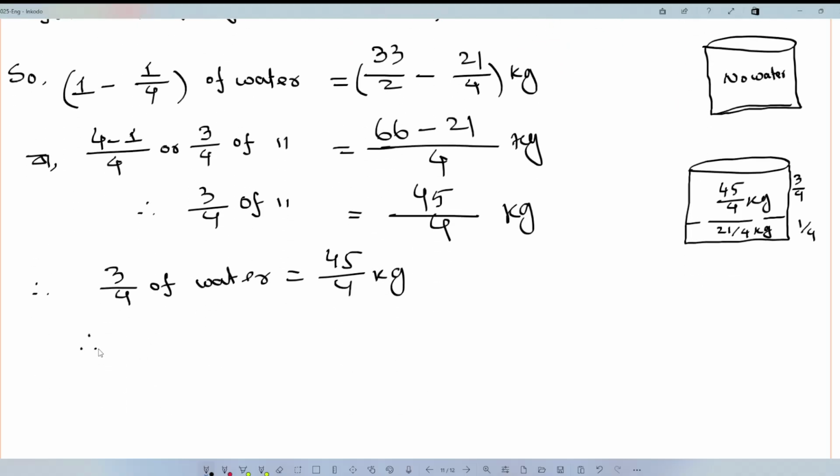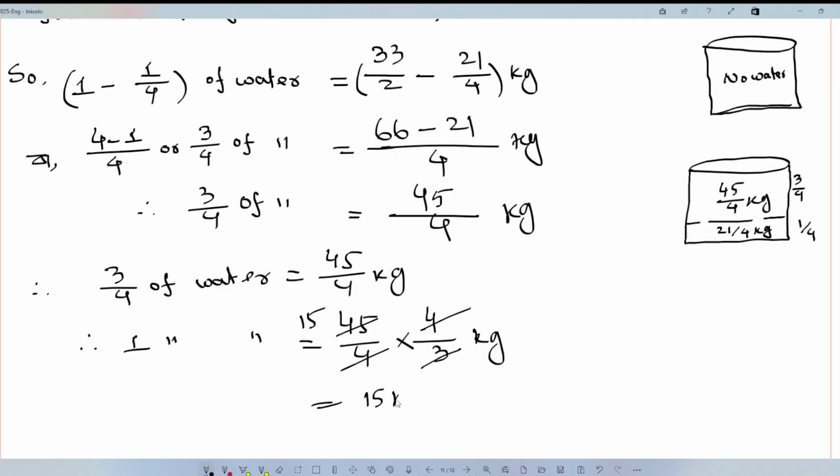So 1 of water means 45/4 times, this 4 will go here and this 3 come here, kg. It means 4 and 4 out, 45/3, it means 15. So this one we can say 15 kg. So it means total water is 15 kg.